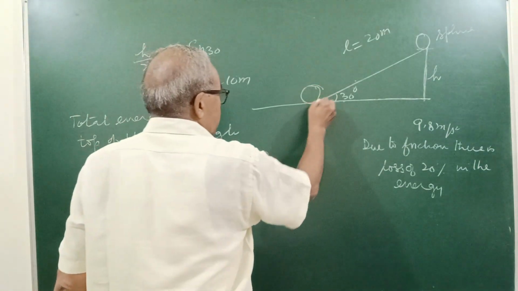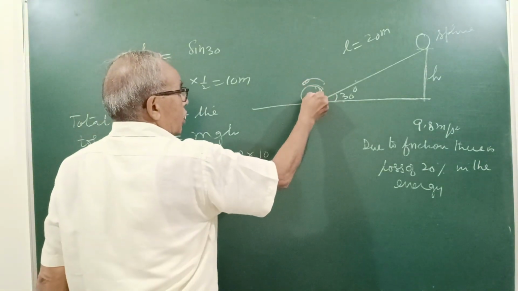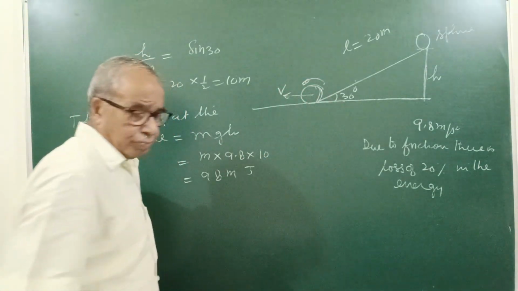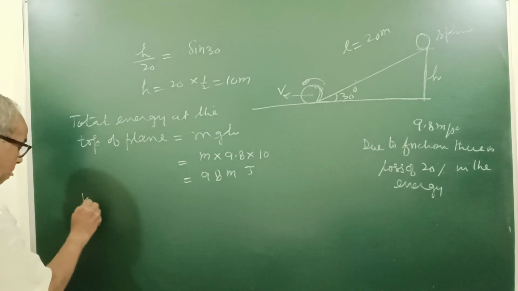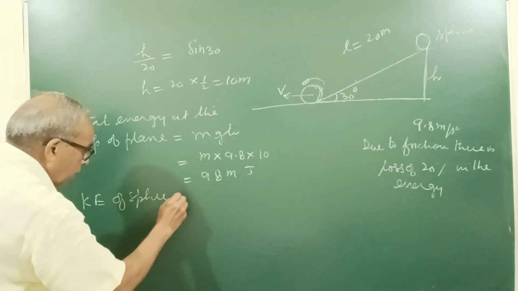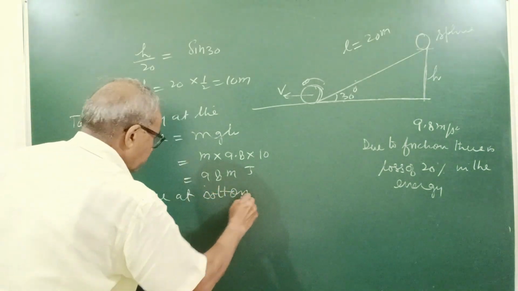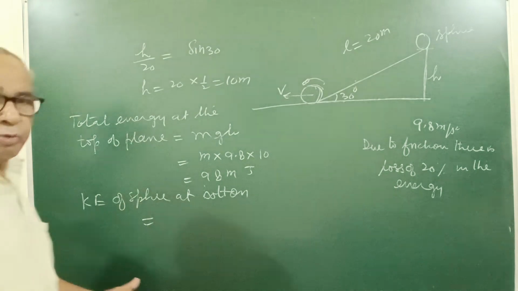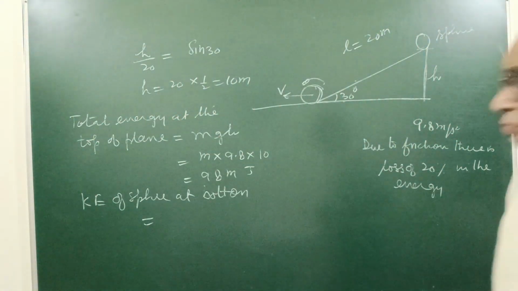When it reaches here, it will have rotational motion as well as linear motion. So kinetic energy of the sphere at the bottom. Actually, you are not with me. Otherwise, I have asked you to do the question here.